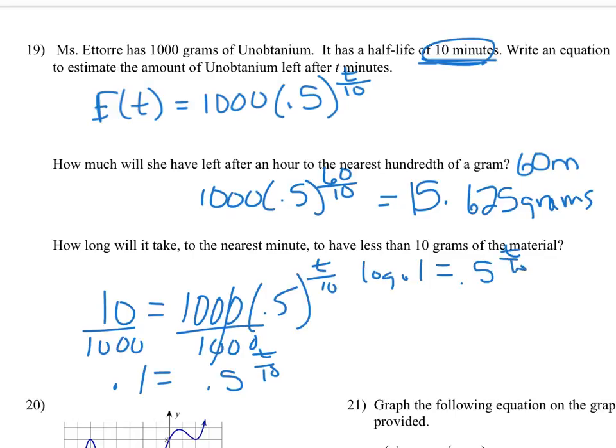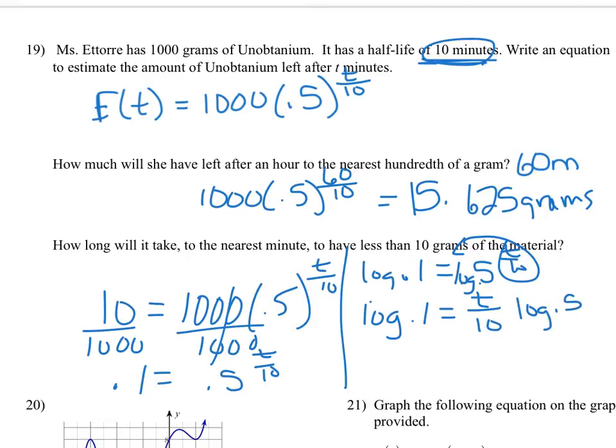So you need your logs on both sides. This part goes in front. I feel like I've done this 600 times. Hopefully you know how to do this by now, and it's second nature to solve for exponents. Or maybe not second nature, but third nature.